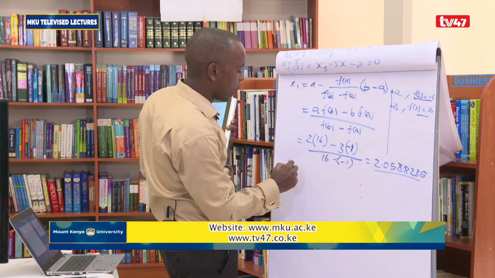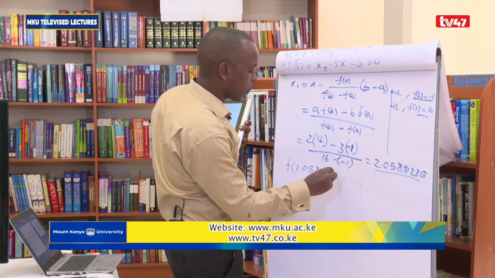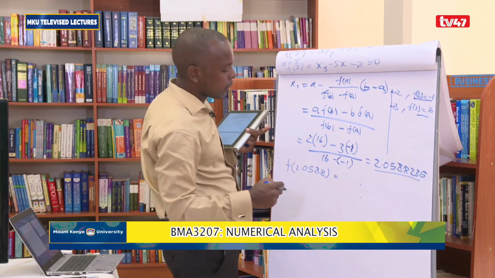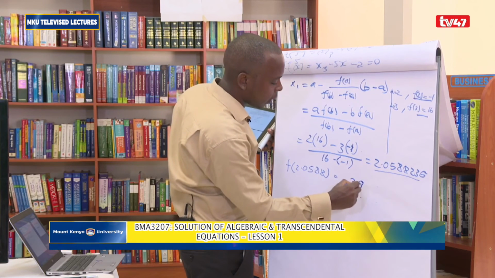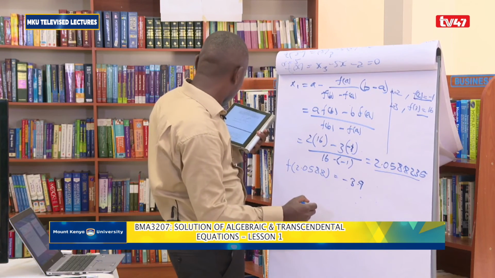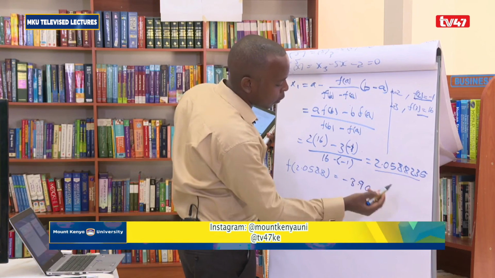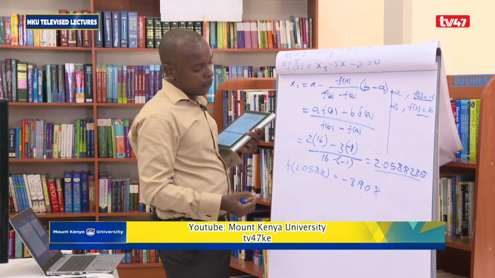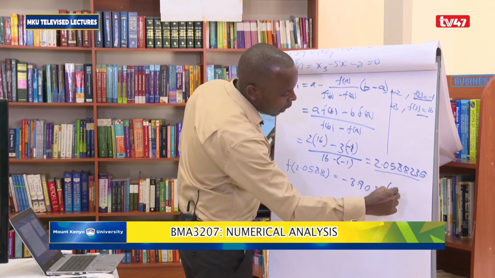So we look for f of 2.0588, and this is giving us negative 3.908799, and this is negative.